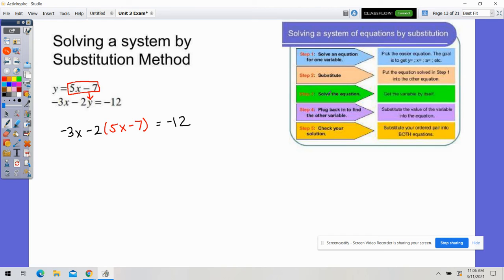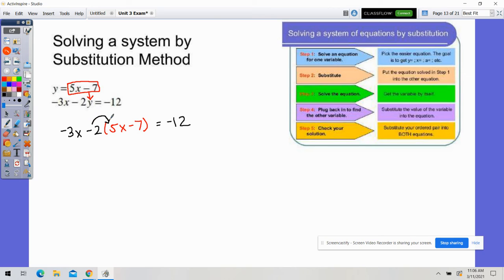Now step 3 is we're going to solve the equation, right? We want to get the variable by itself. So in this case, the first thing you want to do is use your distributive property. When you see a number outside the parentheses, that should tell you, okay, I know I need to distribute first. And notice this is a negative 2, so be careful.